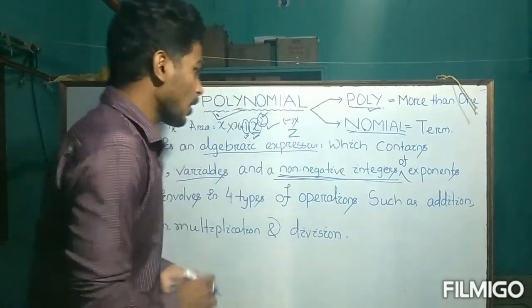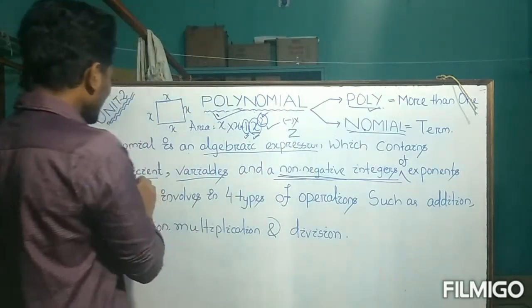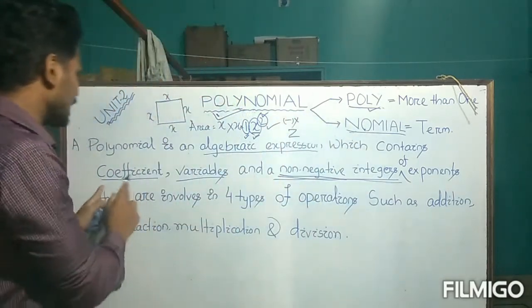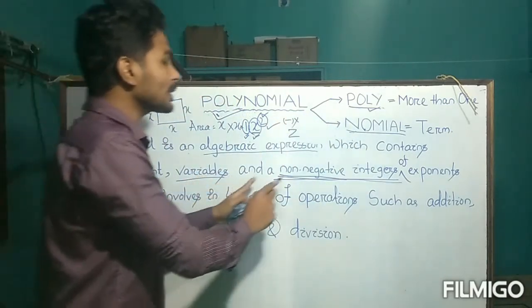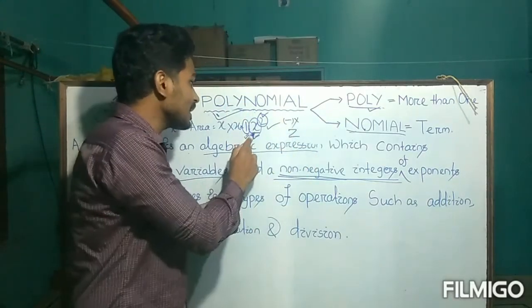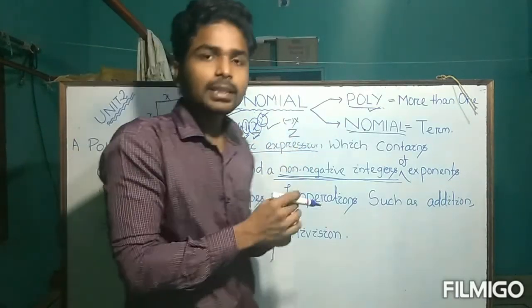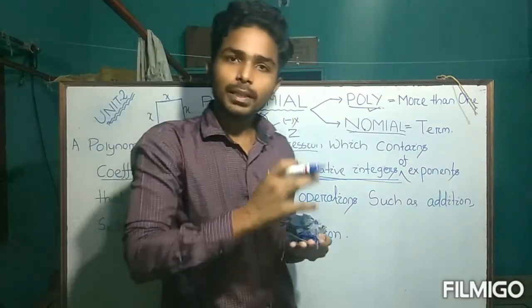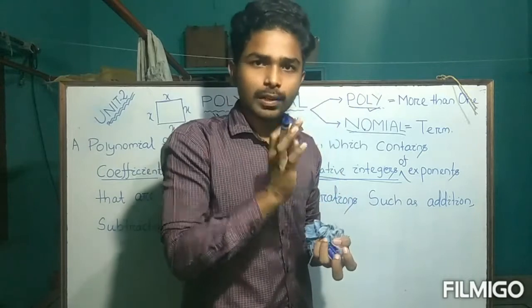One more thing. All these three terms, coefficient, variables, and exponents, are involved in four types of operations, like addition, subtraction, multiplication, and division. Understood?